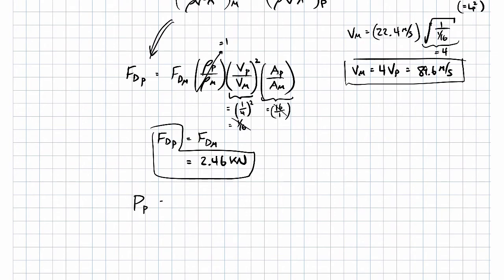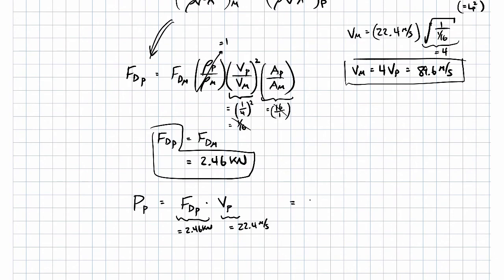The last part is what kind of power is required to overcome the drag force for the prototype. So the power that we have to apply in the prototype to overcome the drag force will be the drag force, the prototype, multiplied by the velocity in the prototype. So a power is just like a force times a velocity. We already know these values. The drag force is 2.46 kilonewtons, and the velocity we were told was 22.4 meters per second.